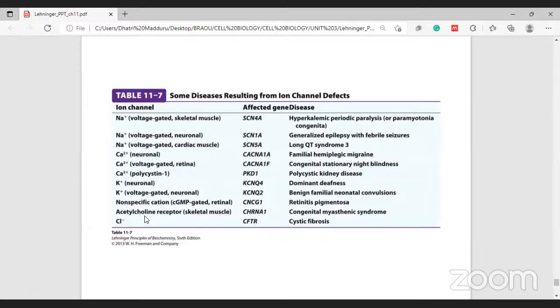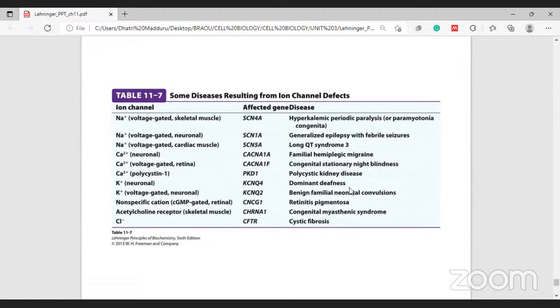Then we have the acetylcholine receptor in the skeletal muscle, and the chloride channel CFTR in the lungs. If these channels get affected, that can result in diseases like cystic fibrosis and retinitis pigmentosa.